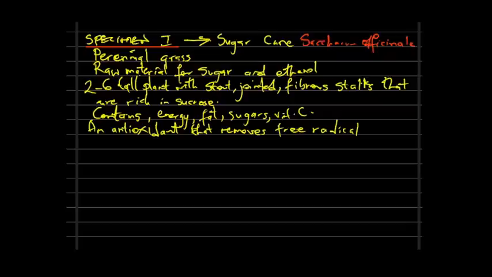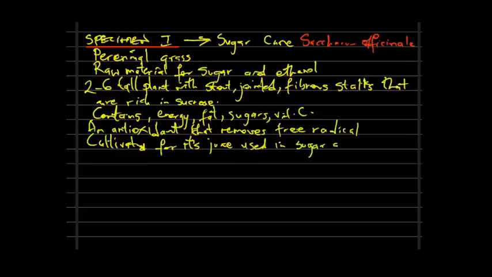They are cultivated for their juice. The sugarcane is cultivated for its juice. That is the major reason why the sugarcane is cultivated, and the juice is used in sugar production.